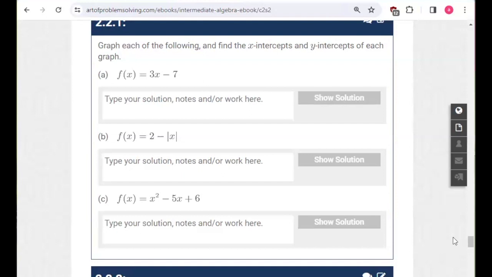Because you can split 6 into 2 and 3, and it adds to make 6 with everything negative. So x minus 2 and x minus 3. Very good. That is factored, yes? So what are your roots then? 3 and 2. Correct. So that's going to be hard to draw on this little diagram, but bear with me.